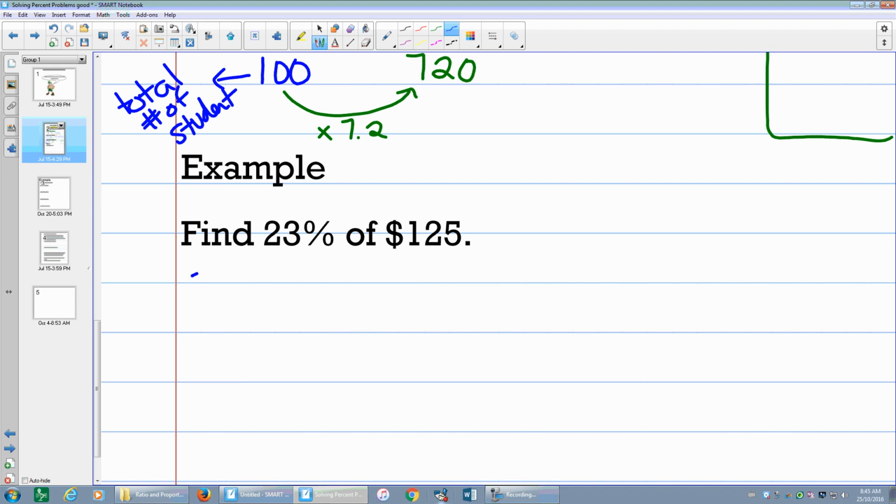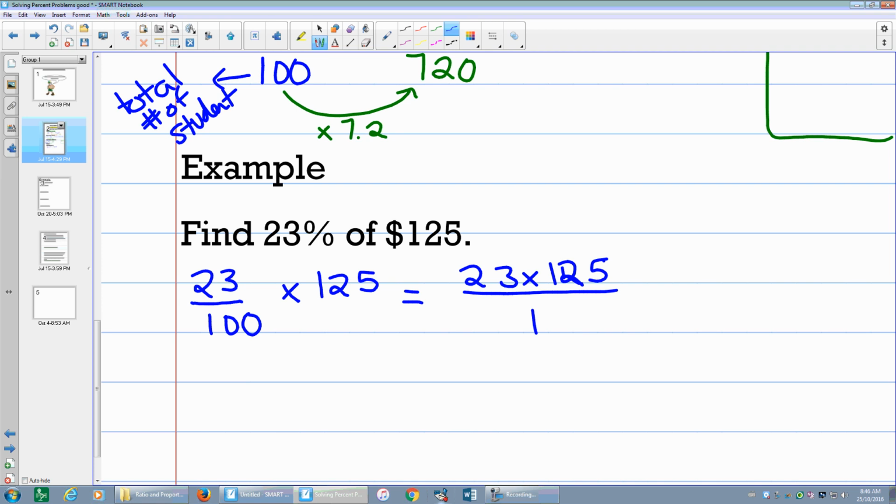I can write 23% as 23 over 100. Of $125 means I'm going to multiply by 125. How can I rewrite that? Well, I take 23 times 125 and I divide it by 100. I'll give you a moment to put that in.